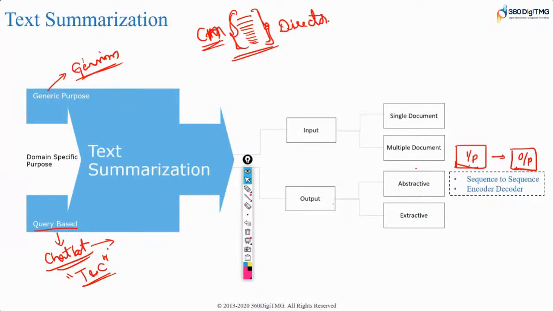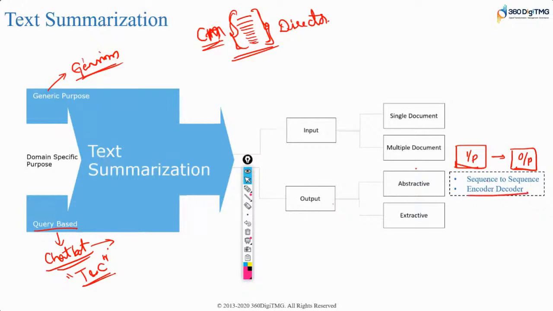So input could be words or characters, output could be sequence. This is called a sequence to sequence problem, where we can translate one sequence to another, from one language to another, or from questions to answers. All these are examples of sequence to sequence.